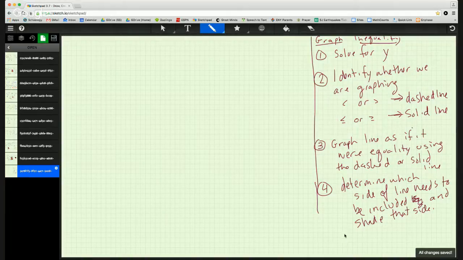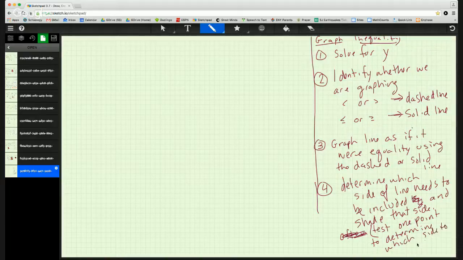To do this, we often test one point to determine which side to shade. Okay, so those are our 4 steps.